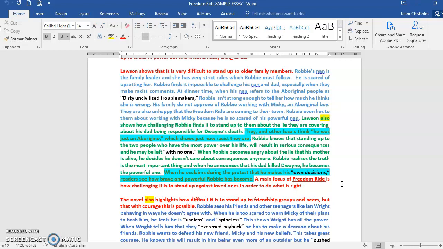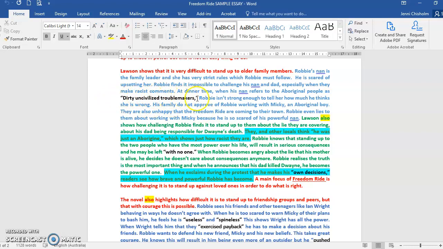Remember to embed the quotes. Okay, I'm a little bit concerned that some of you haven't done those quotes exercises that were on OneNote. It shows you how to embed quotes. So remember, embedding quotes is putting the quote into a sentence, so making it part of a sentence. So as an example here, at dinner time, when his nan refers to the Aboriginal people as dirty, uncivilized troublemakers, Robbie isn't strong enough to tell her how much he thinks she is wrong.